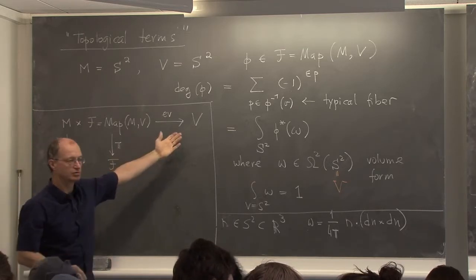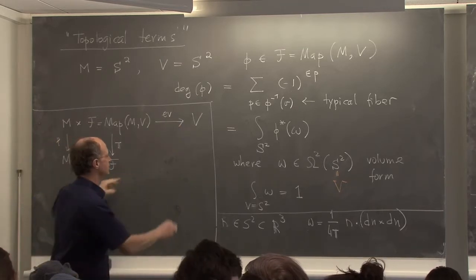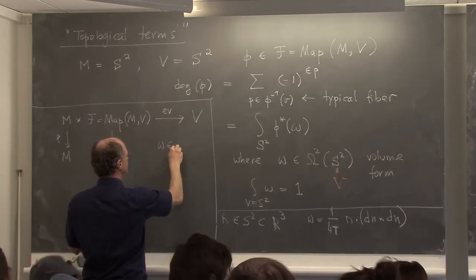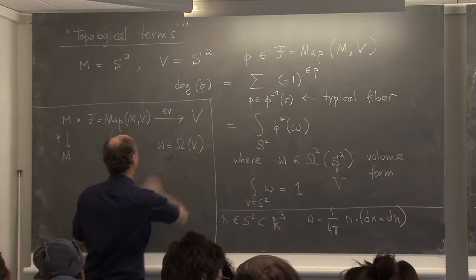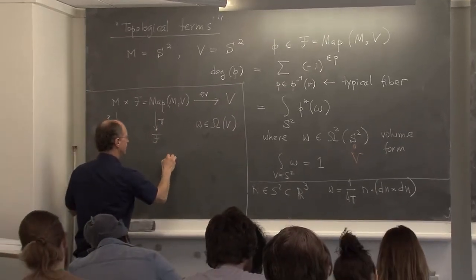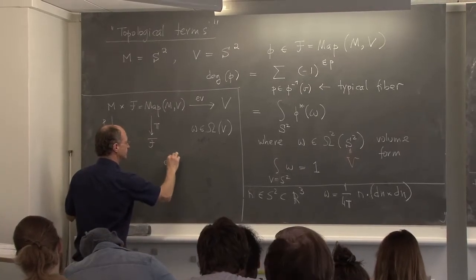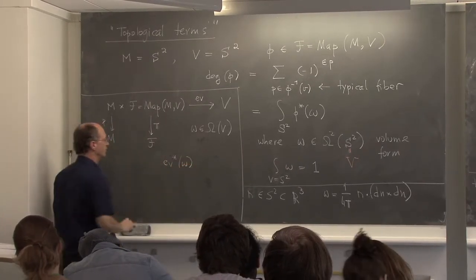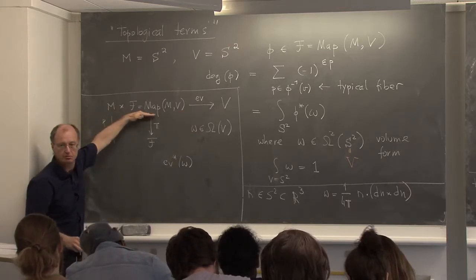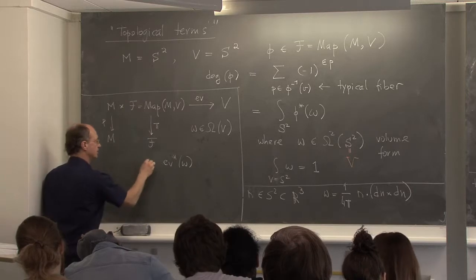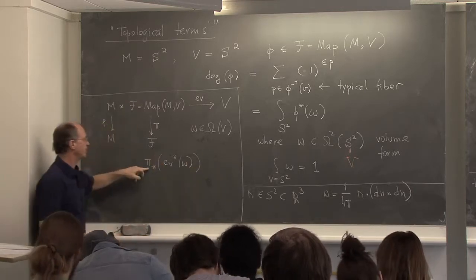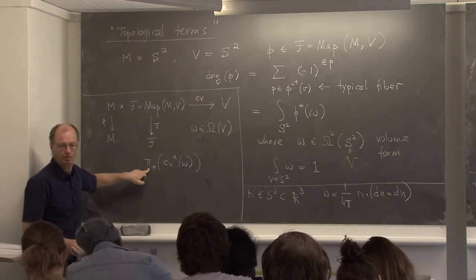And in general, what we can do is suppose that there is a form omega on V. We can try to do the following. We take the pullback of omega under the evaluation map, so it maps here. And then after that, we can take a fiber integral. Right?